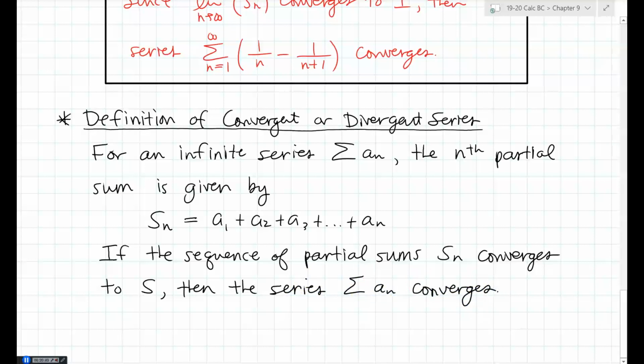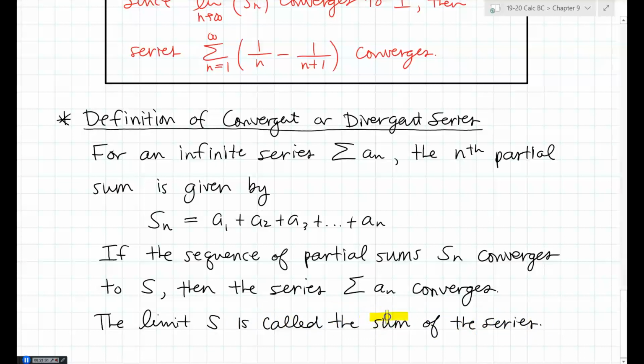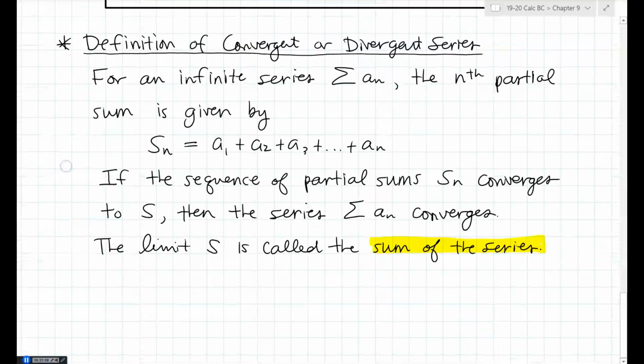The limit S is called the sum of the series. And S is normally defined as a sub 1 plus a sub 2 plus a sub 3 plus etc. plus a sub n plus etc. Okay?